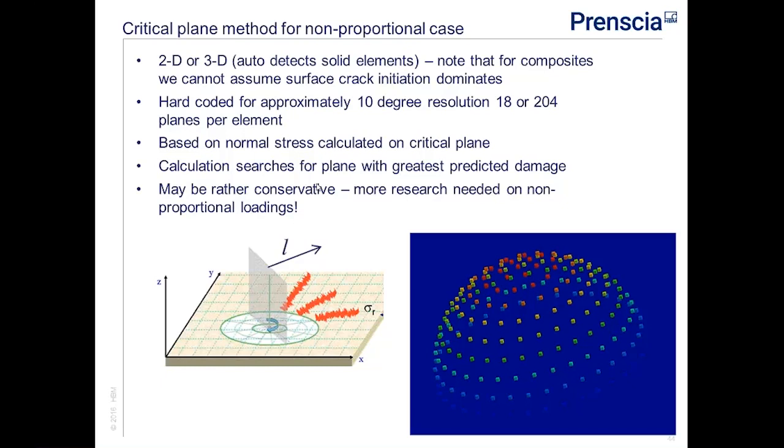They may well start within the body of the component, where the stress state could be a full 3D stress state. And so if we're going to do critical plane calculations, we have to search over a sphere rather than just in a plane, which means a lot more calculations. Okay, so that's the simple interpolation approach.